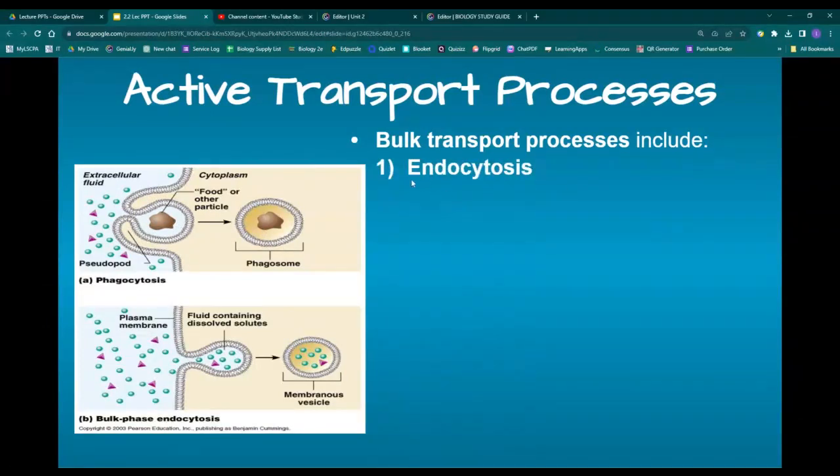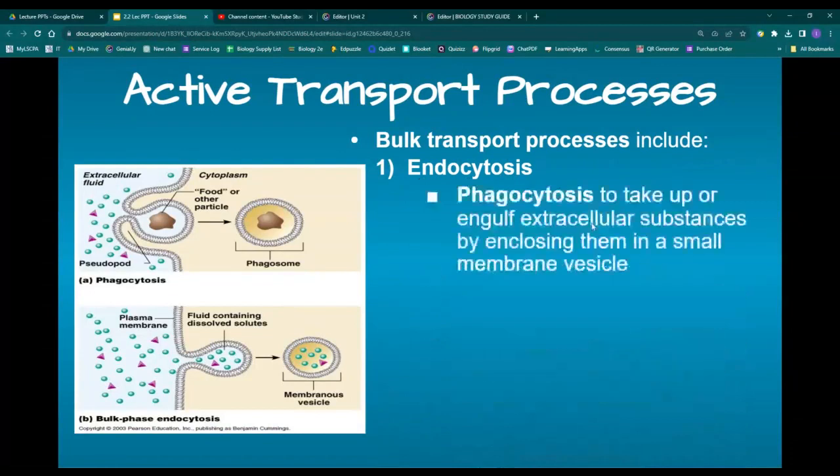So endocytosis means inside. It's bringing things inside, such as phagocytosis, where we're engulfing extracellular substances in a phagosome. A little food particle is being pulled into this phagosome. It just pinches off the phospholipid bilayer and creates its own little vesicle.